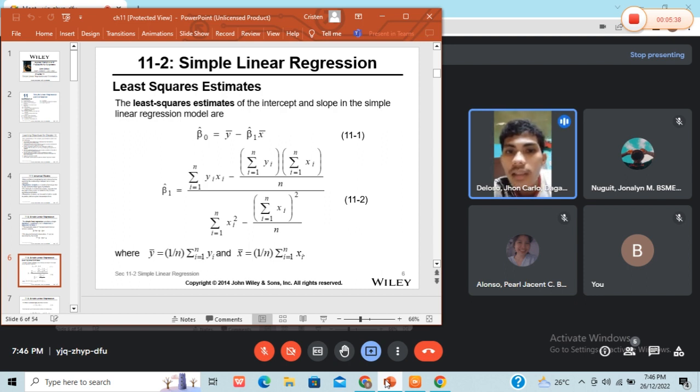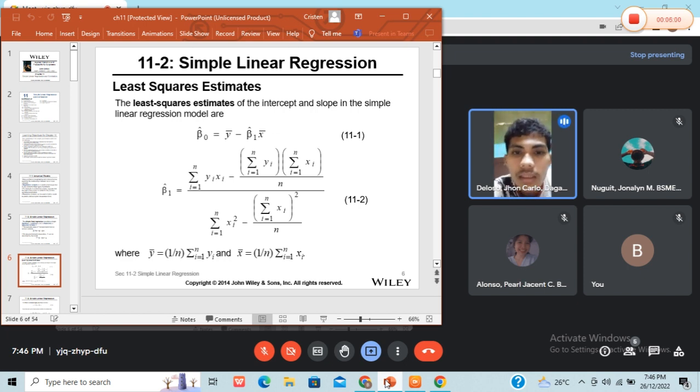The least squares estimates of the intercept and slope in the simple linear regression model are: beta hat sub 0 equals y bar minus beta hat sub 1 multiplied by x bar.